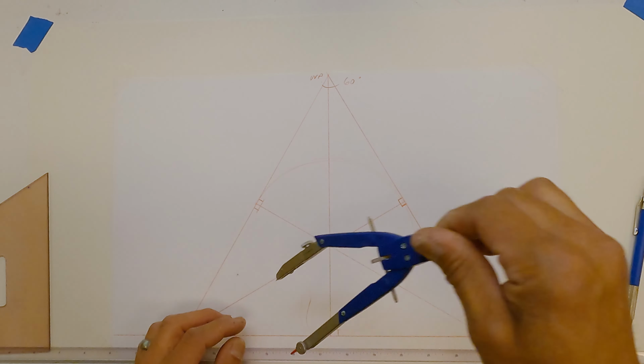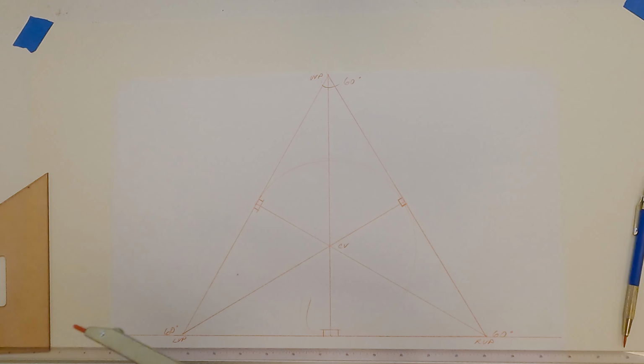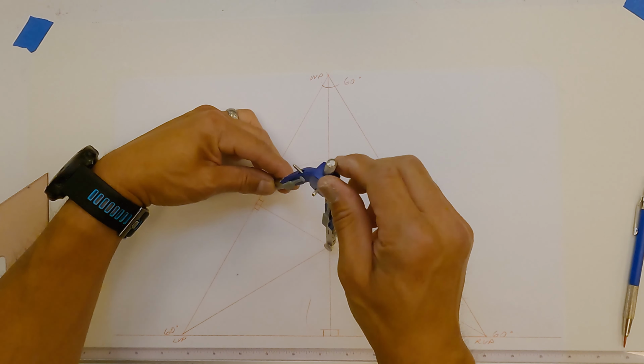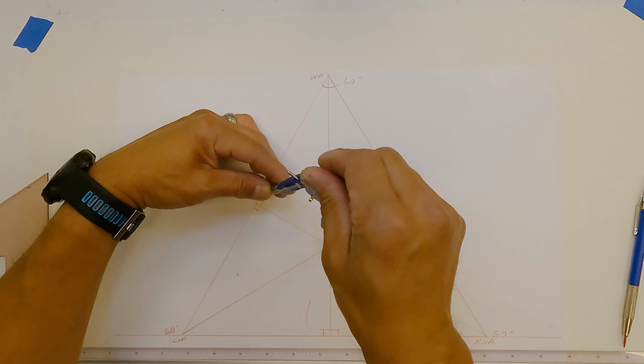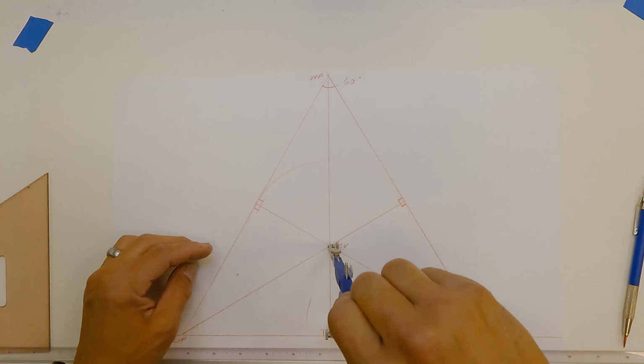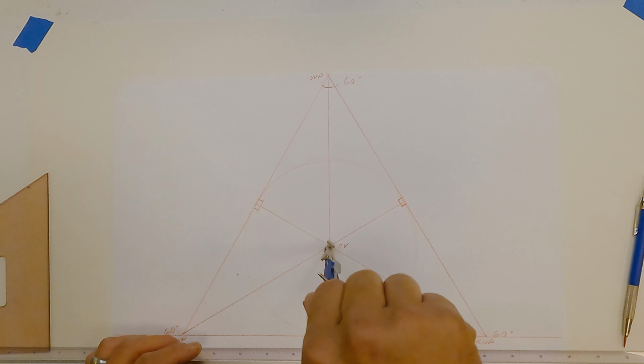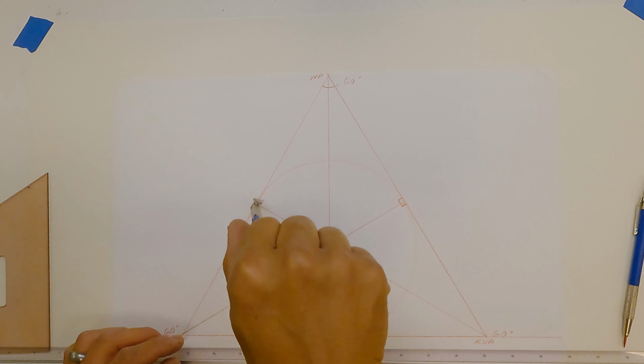Well, you guys get the idea. Oh, it keeps moving. I need to tighten the screws. There we go. So that's where the cone of vision is.